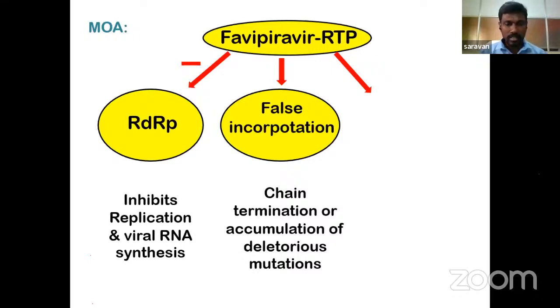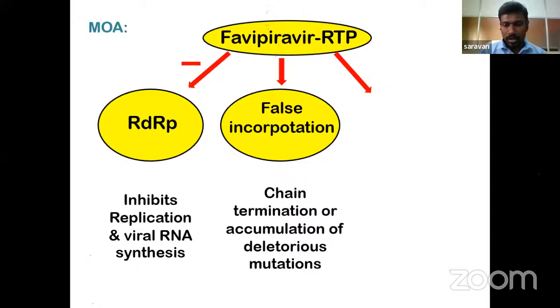They inhibit the RNA-dependent RNA polymerase enzyme, and it also gets falsely incorporated in place of ATP in the viral genome by the error-prone RNA-dependent RNA polymerase, which leads to chain termination or accumulation of deleterious mutations.